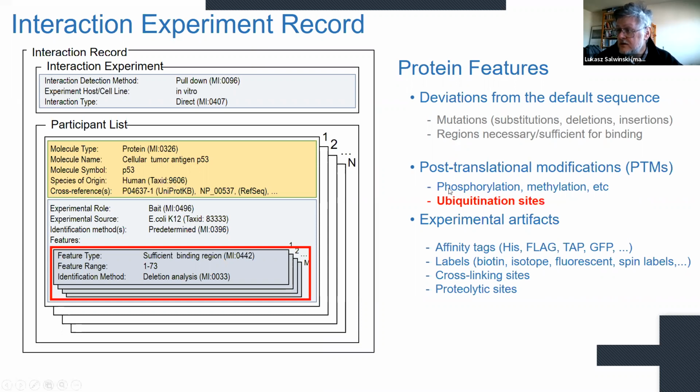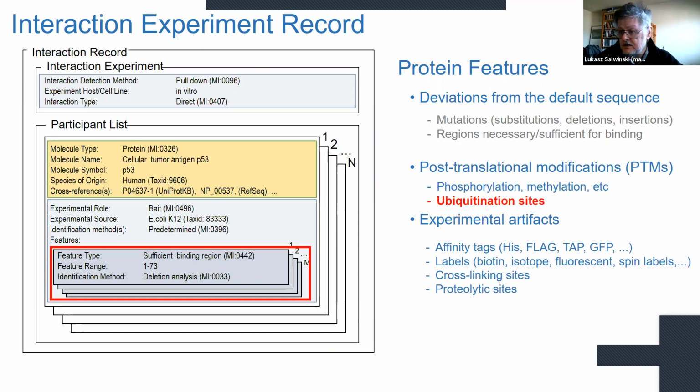There might be information if the protein observed in the interaction was phosphorylated, methylated, or ubiquitinated. And then there's going to be a slew of features reporting the affinity tags useful for purification, and what labels might have been used that help to detect a given protein.